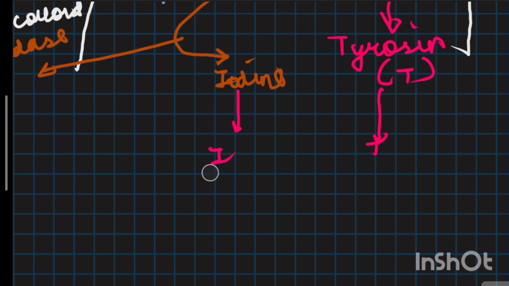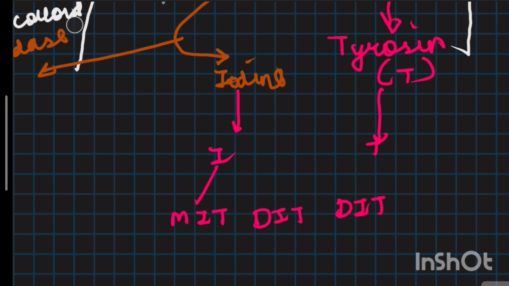When one iodine combines with a tyrosine molecule, it is called MIT or monoiodotyrosine. When two iodine molecules combine with tyrosine, it is diiodotyrosine. One means mono, di means two.